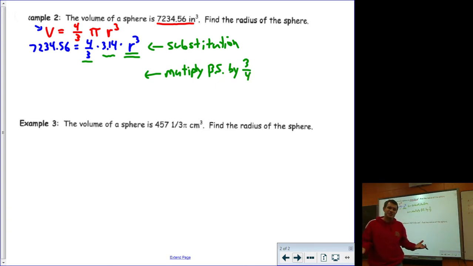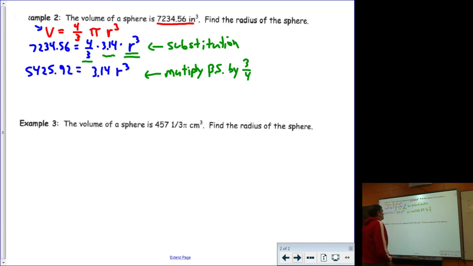You get rid of a fraction by multiplying both sides by the reciprocal. So when I multiply both sides by 3/4, on the left side of the problem, I end up with 5,425.92. And on the right side of the problem, I now just have 3.14 r cubed. And I have successfully eliminated the 4/3.